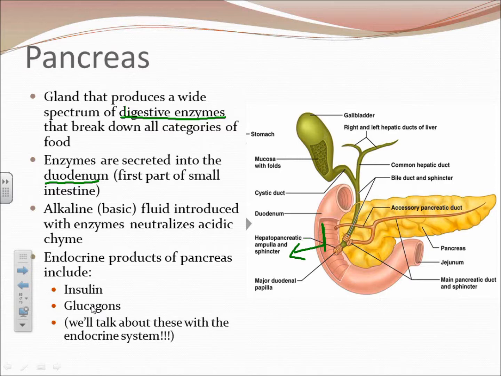So when all that acidic chyme comes into the small intestines, your pancreas comes to the rescue and releases this basic fluid to kind of neutralize the acidic chyme from the stomach. Now, that is a lot of things that the pancreas does, and that's just for the digestive end. The pancreas also releases a whole bunch of hormones, insulin, glucagon, which we'll talk about more in depth when we get to the endocrine system, which is Unit 12.